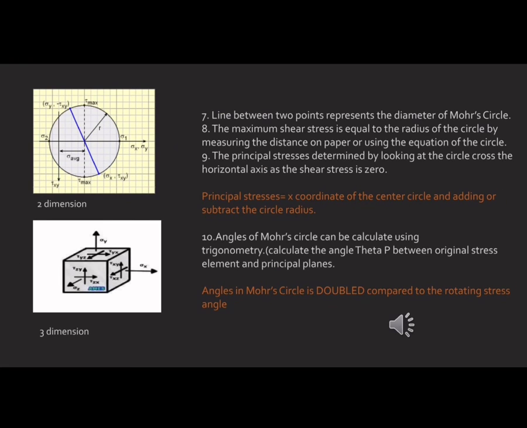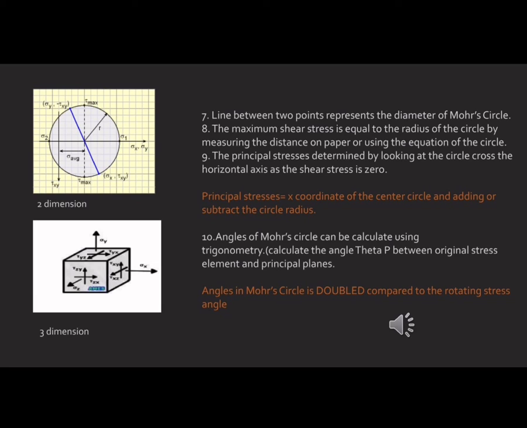Then the line between the two points represents the diameter of Mohr circle. When the blue line on the page right now, which is the diameter of the circle, has been constructed, then draw the whole circle. Then the maximum shear stress is equal to the radius of the circle, by measuring the distance on paper or using the equation of the circle.